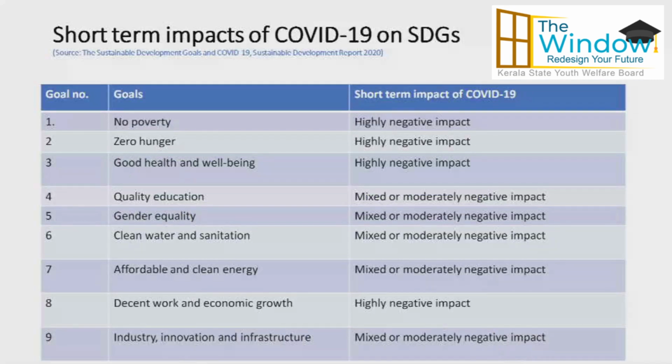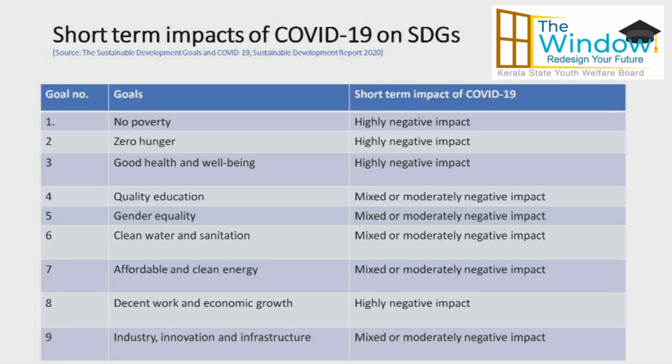So in the COVID-19 pandemic situation, there is a report published, the Sustainable Development Report 2020, on the Sustainable Development Goals and COVID-19 at the global level. In that report, they have mentioned the outcome of the 17 Sustainable Development Goals during the pandemic situation.